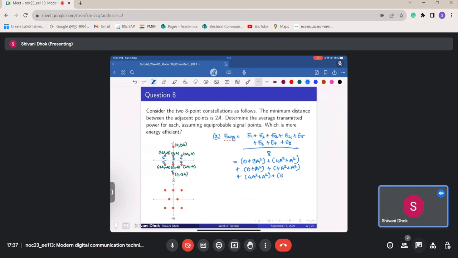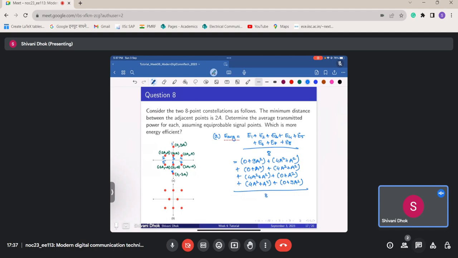E6 will be 0 plus a square. E7 will be 4a square plus a square, plus E8 will be 0 plus 9a square.